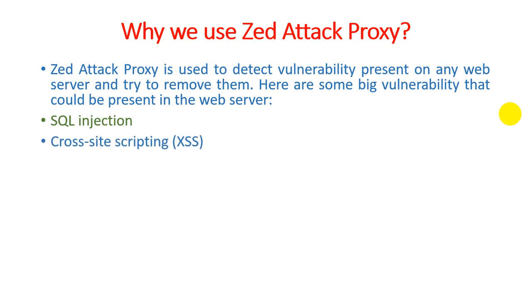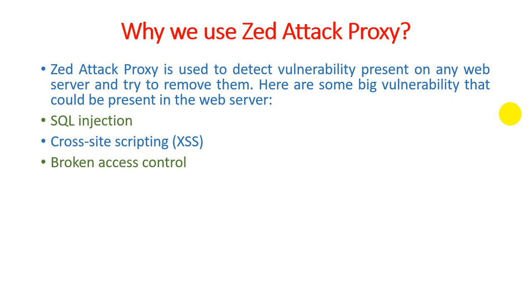Then cross-site scripting. It also works by identifying or finding vulnerabilities based on our particular request and response. If we perform some activity, then a particular request and response is generated or not. Based on that, cross-site scripting works. Next, broken access control. Broken access control is about providing accessibility based on given rights, or we can say permissions.